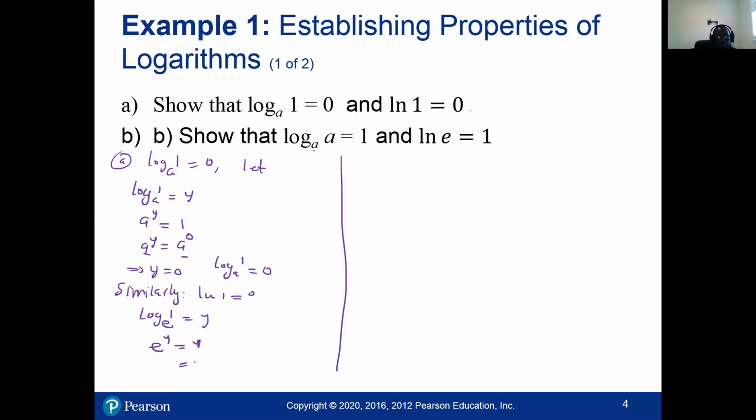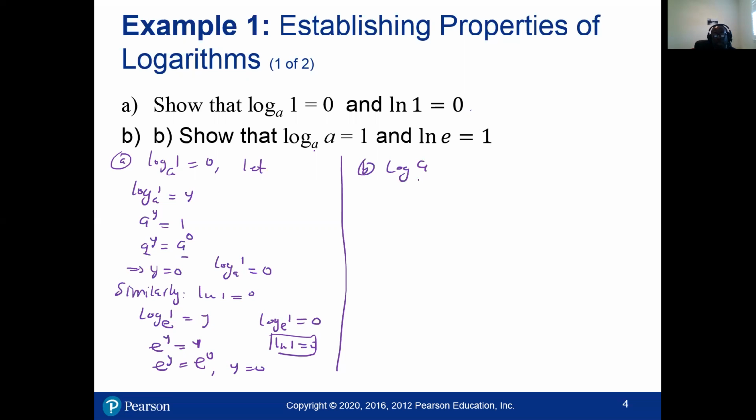And then the 1 is the same as e raised to 0, because anything raised to 0 is equal to 1. So e to the 0 equals e to the y, and therefore y is equal to 0. So we have shown that the natural log of 1 is equal to 0.